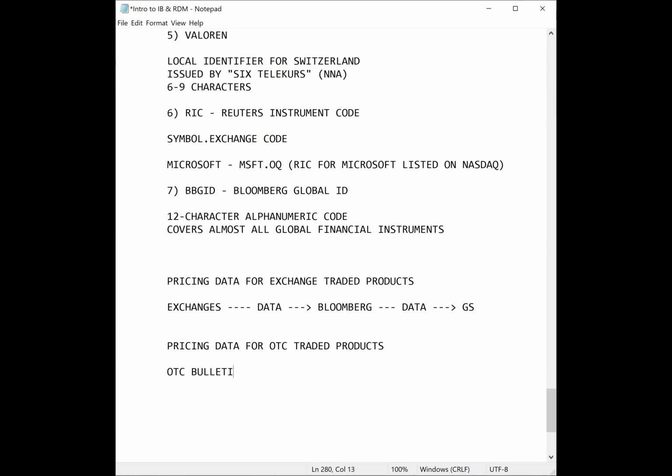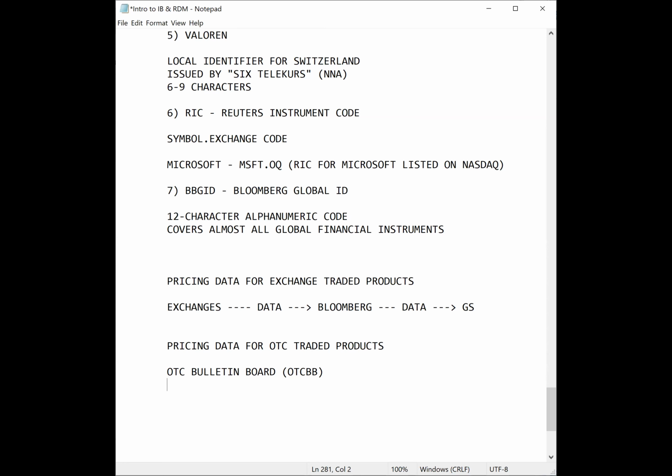This might be new for you, so please note it down. We call it OTCBB. Market data for some OTC securities is quoted on the OTC bulletin board.